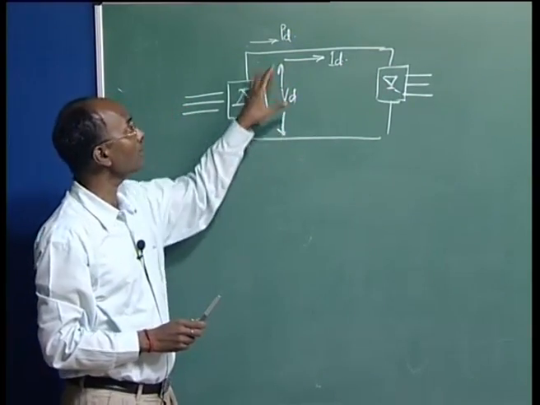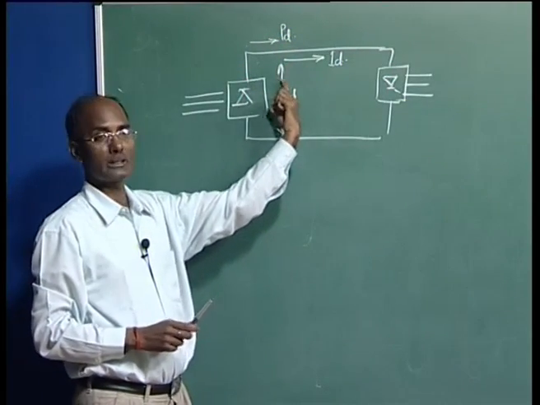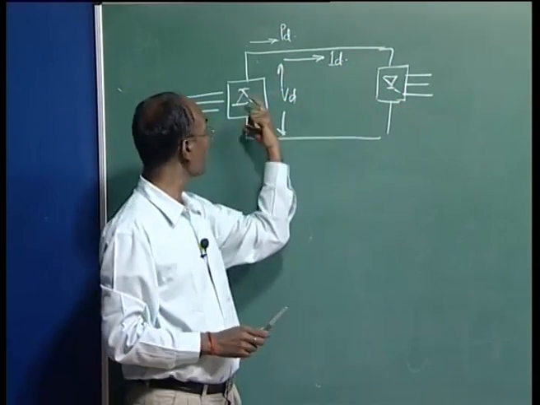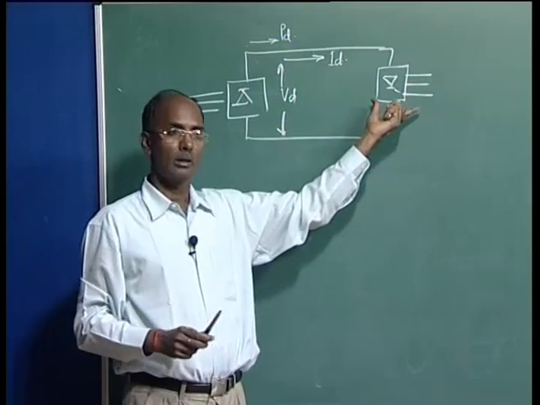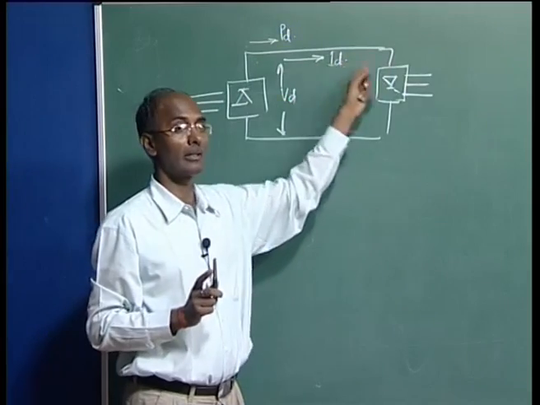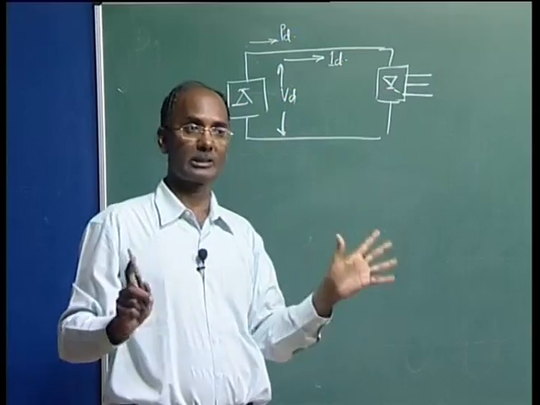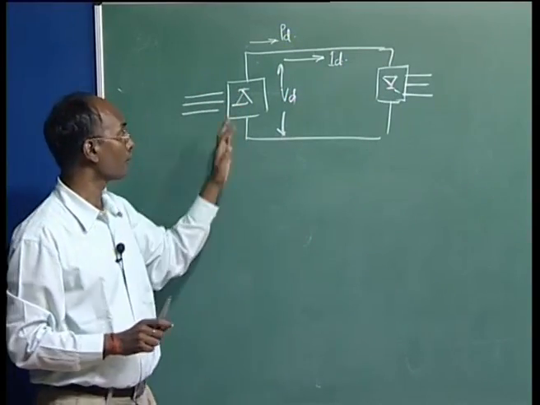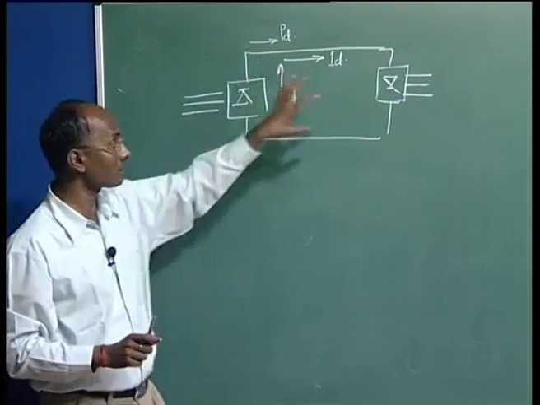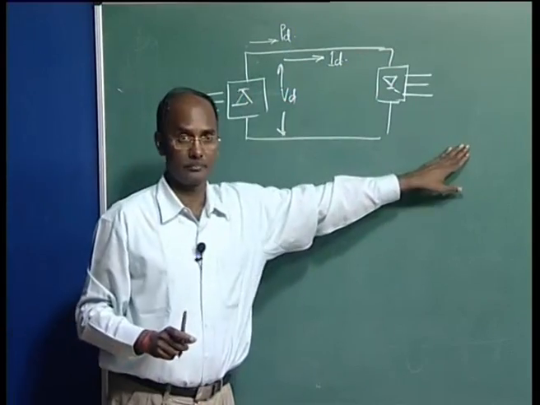If VD is 0, PD is 0, but if you want to reverse the power, you simply change the operation: this end operates as an inverter and the other as a rectifier, then the power flows in the other direction, but the current still maintains the same direction. So it is always a unidirectional current, whatever the design. Normally, if you have huge generation on this side and the load on the other side, the power always flows from this end to that end.